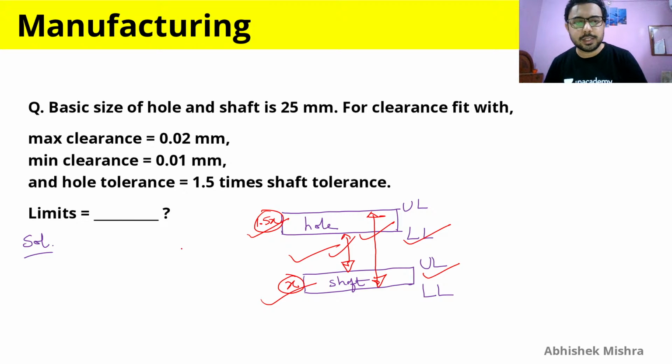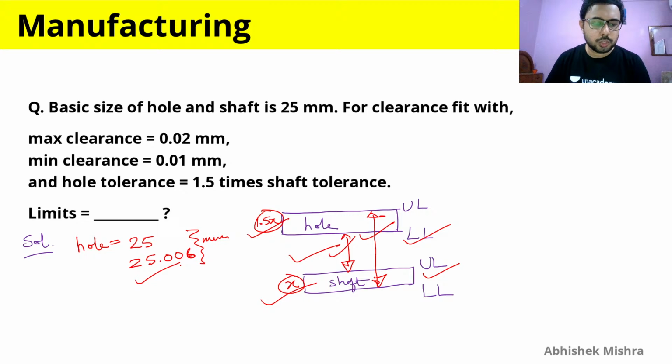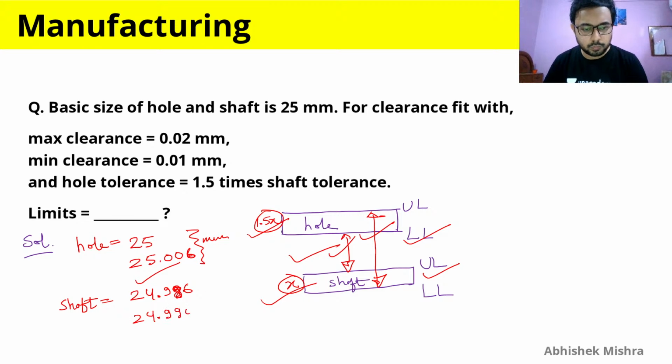So this is the final answer: the hole limits are 25 and 25.006, these are in mm, and these are the limits for the shaft, also in mm.